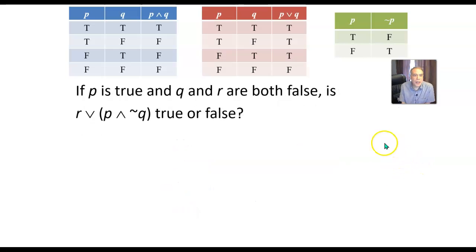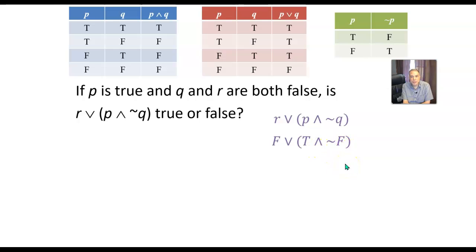If P is true and Q and R are both false, what about R or (P and not Q)? Well, just like in algebra, we would evaluate what's inside the parentheses first. But first, let's stick in the actual values for P, Q, and R. Remember, P is true, Q and R are both false, so it looks like false or, and then in parentheses, true and not false.